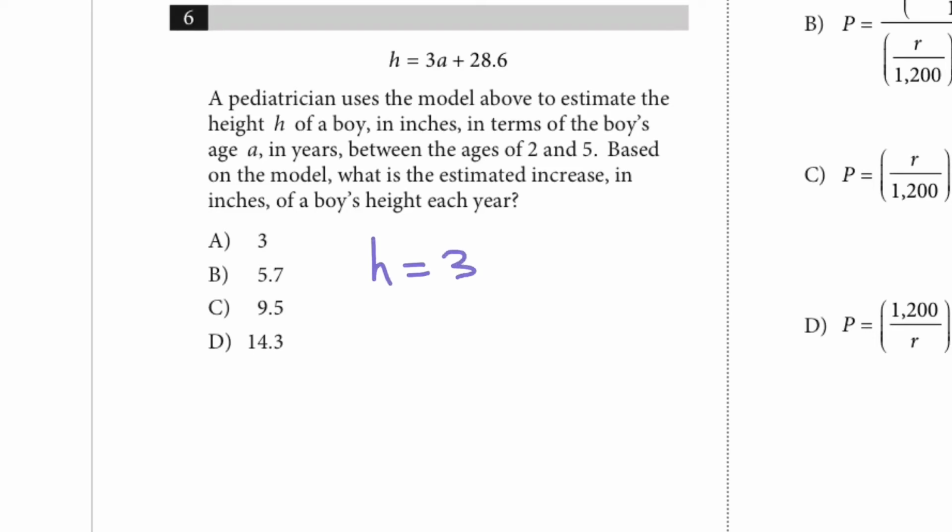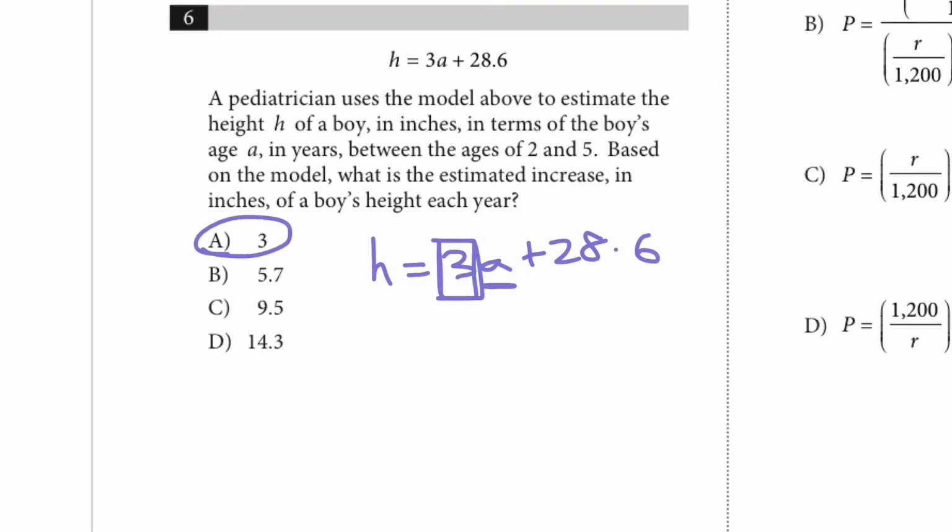So I have h equals 3a plus 28.6. So what's happening is every time the boy's age increases by 1, since my slope is 3, my height increases by 3 every time the age increases by 1. So you can just think about that and say that the answer is A.